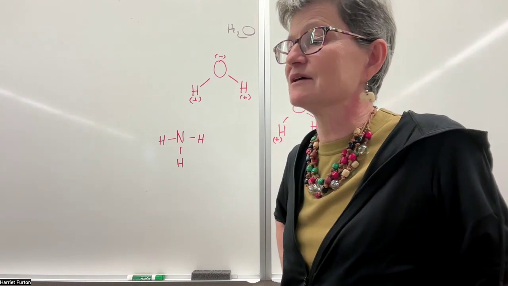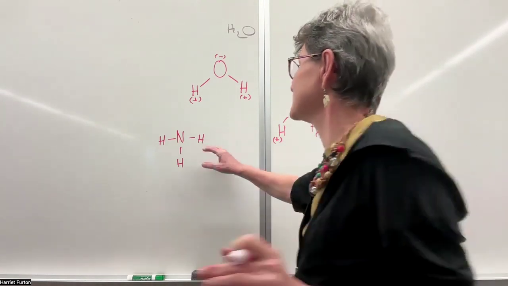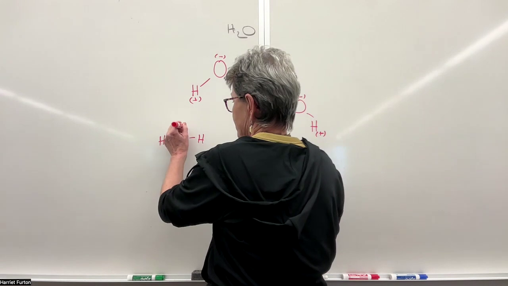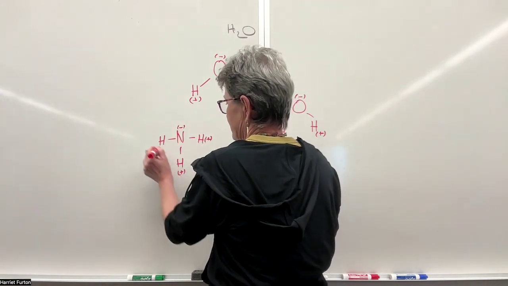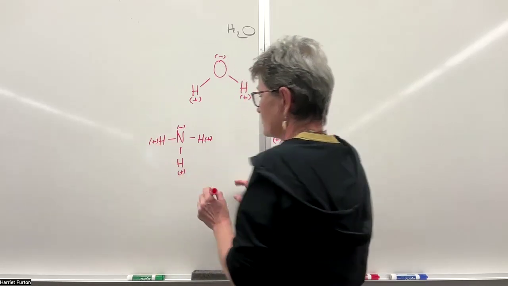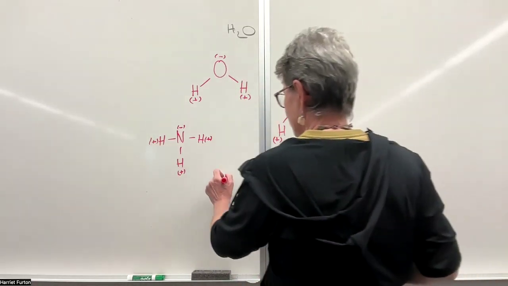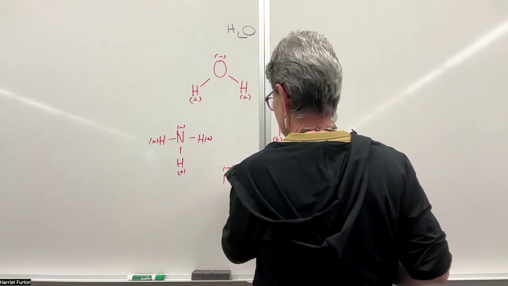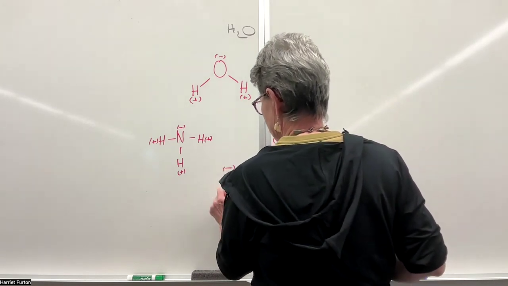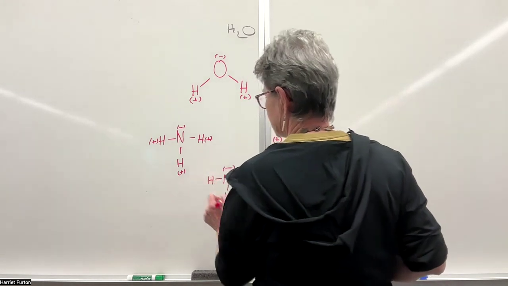So it's slightly polar, but still a polar molecule. A little bit of negative, a little bit of positive in here. Another one is going to be here, nitrogen, hydrogen, positive, hydrogen. I'm not going to put the signs in here.